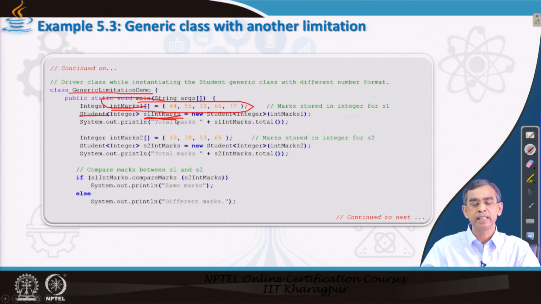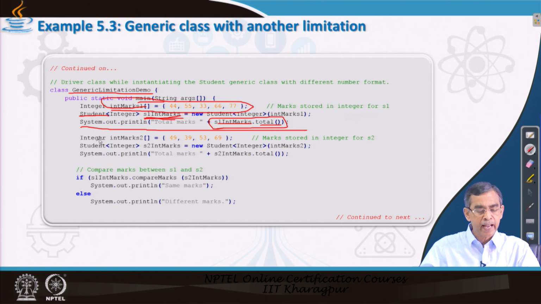So, this is S1, meaning student 1, where the set values are integer marks. Then it gives a call for this S1 integer marks total method. The total method is defined in the student class. For this object we call this method, and it works for you.